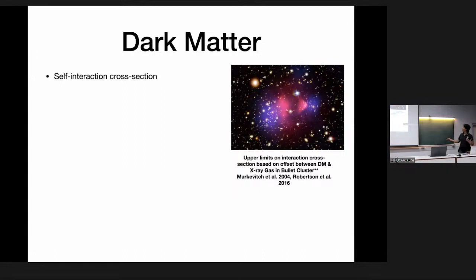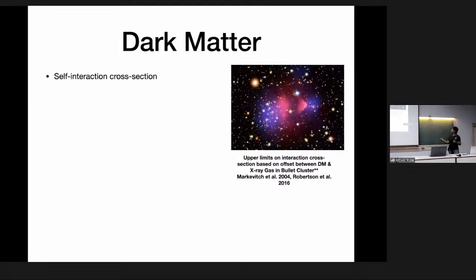And optically, you can see that there are lots of galaxies over here, right? What is shown in the red is the distribution of the gas measured from the X-rays. And so what is happening here is that these two clusters have merged and crossed each other, but then the gas component is offset from the rest of the optical galaxies and also the dark matter.